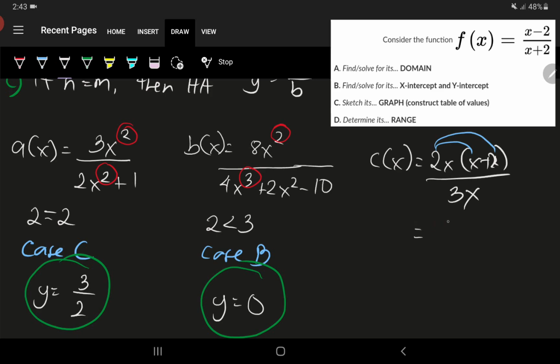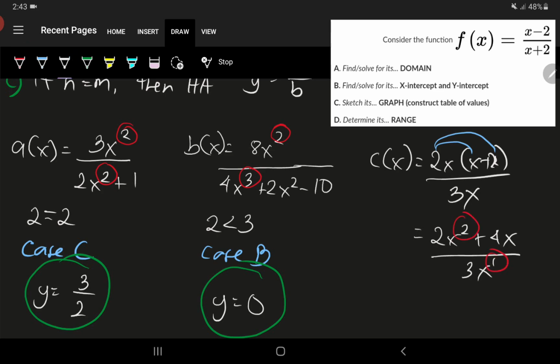So this function C is actually equal to 2x squared plus 4x. 2x times x is 2x squared, and 2x times 2 is positive 4x, and that is all over 3x. Only here do we start to compare our degrees. So we have positive 2 and we have this 1.